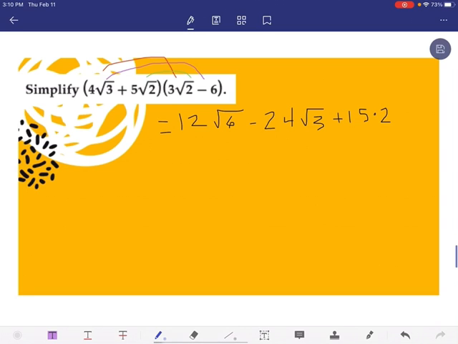And then I have a square root of 2 times the square root of 2, so that's just going to be 2. And then lastly, I have 5 square roots of 2 times negative 6. So I end up with negative 30 square roots of 2.